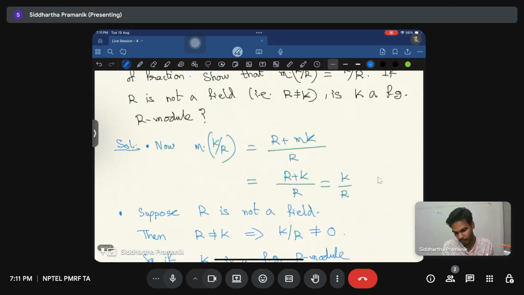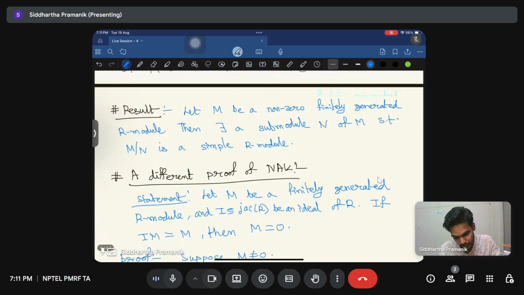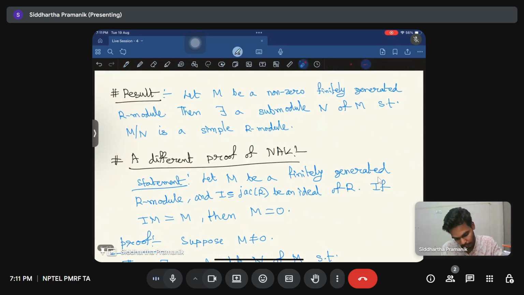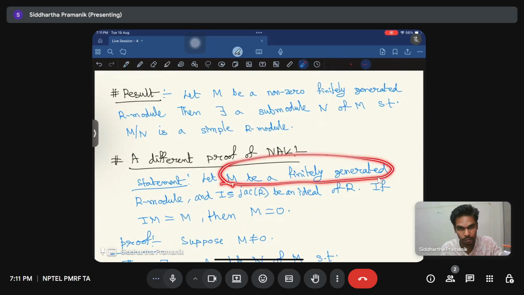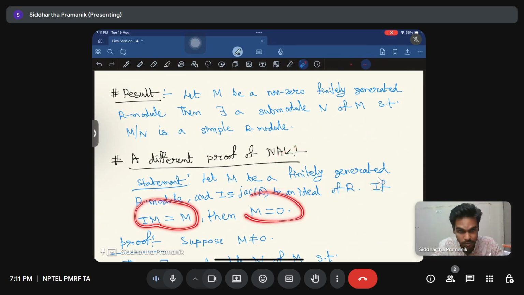Yeah. So one important thing I want to mention: in Nakayama's lemma, the module has to be finitely generated. If we drop the condition that the module is finitely generated, then Nakayama's lemma may not be true. So there are examples. You can try to find some examples in which M is not a finitely generated R module and IM equals M, but M is non-zero.